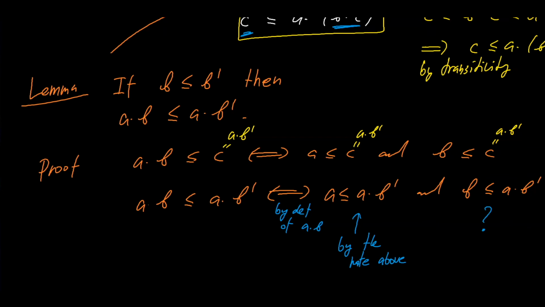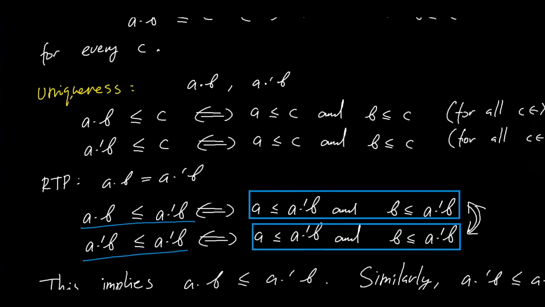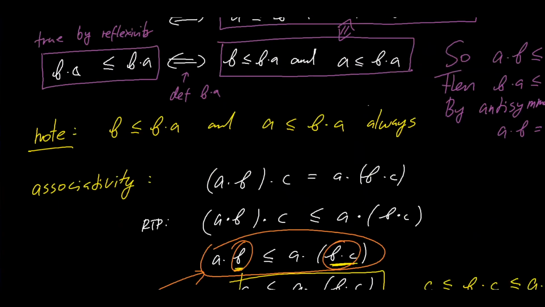Well, let's look at our assumptions, right? We have that B is less or equal to B prime. We want B to be less or equal to this, but B prime will be less or equal to A dot B prime, again by the same note here.